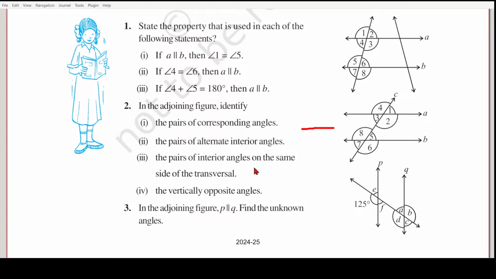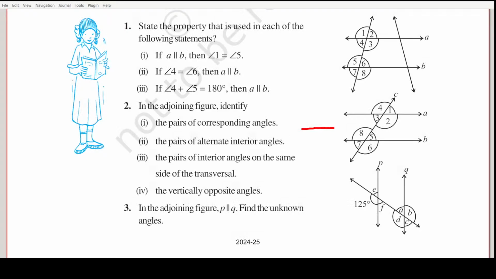Okay. Interior angles on the same side of the transversal. 5 and 6.